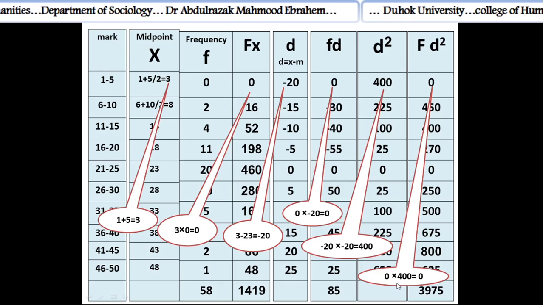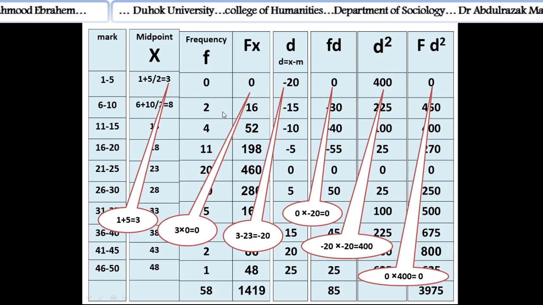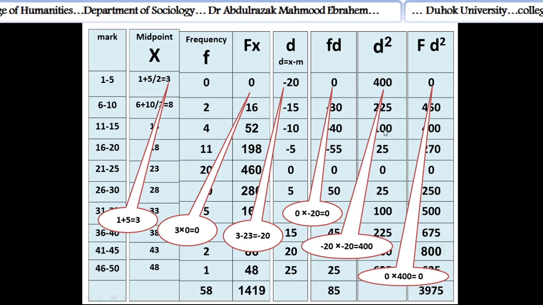Like the first one, 0 multiplied by 400, 0 from F and 400 from D square, equals 0. 2 multiplied by 225 equals 450. 4 multiplied by 100 equals 400, and so on for the whole table.